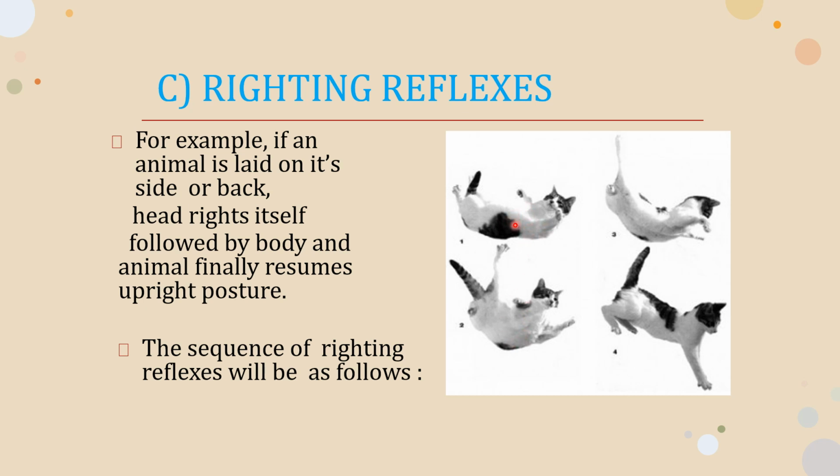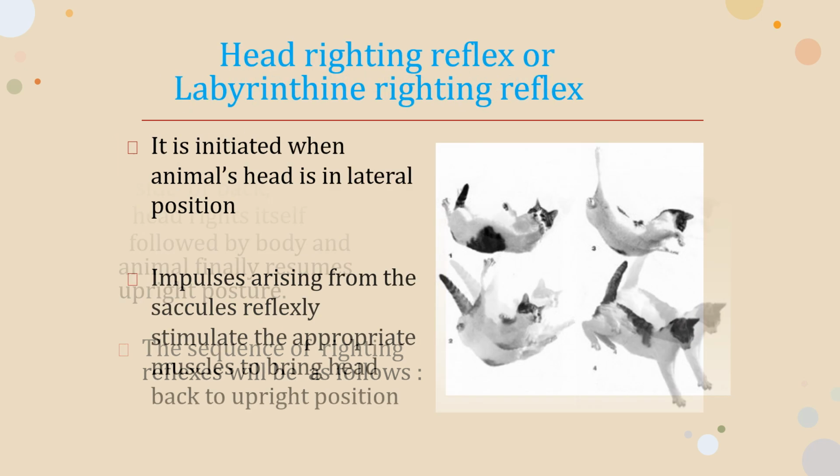The body is upside down. First, the animal will turn its head down, and then the body will be changing its position, and then the whole limbs will be coming down to touch the surface. So first the head rights itself, followed by the body, and finally it resumes the upright posture.